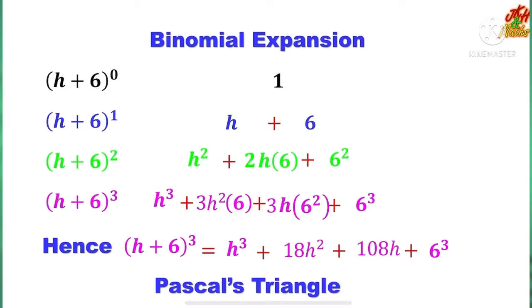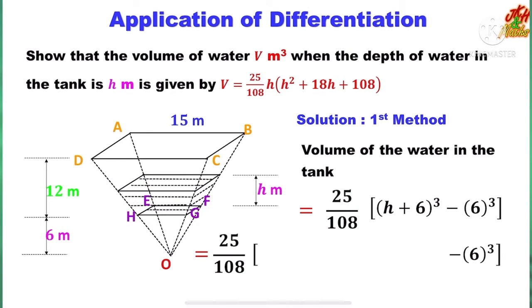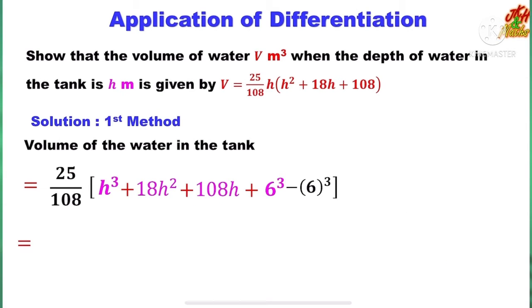Then we substitute this value of h plus 6 cube into here. By simplifying the expression in the bracket, we have h cube plus 18h square plus 108h.